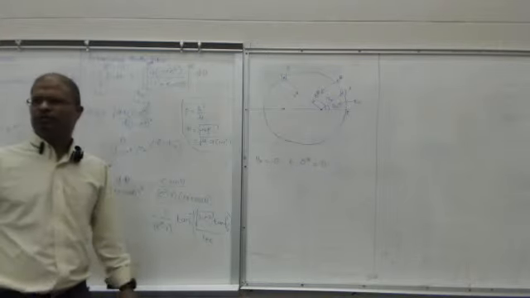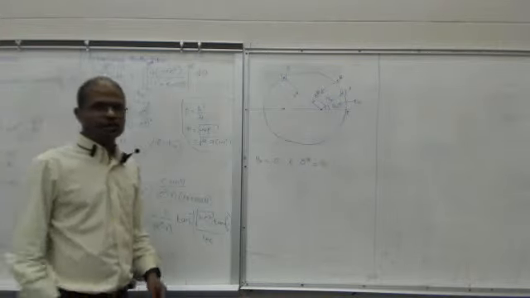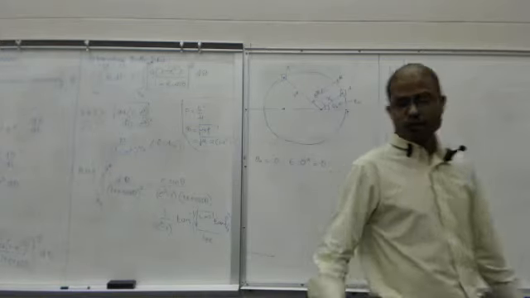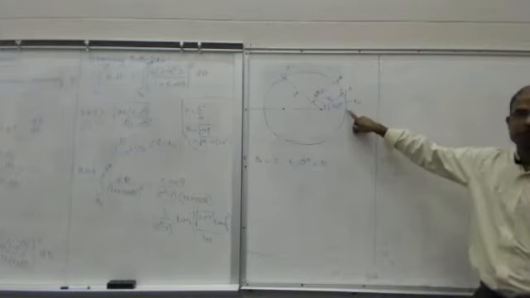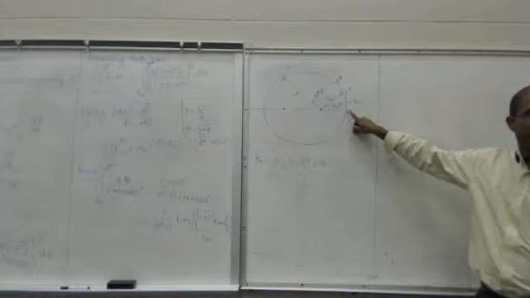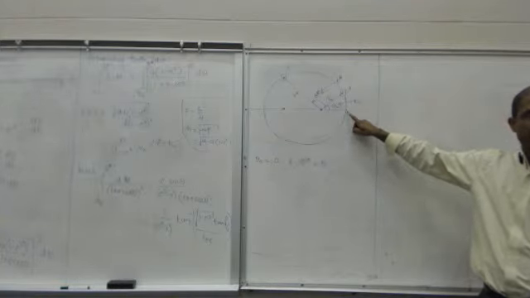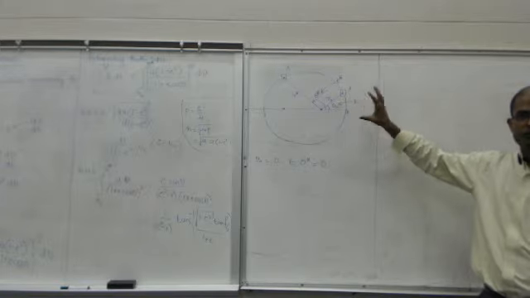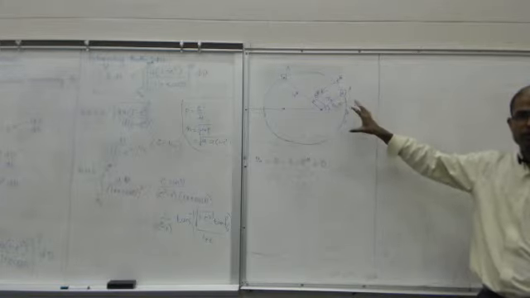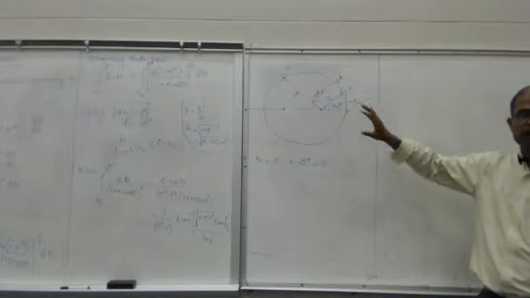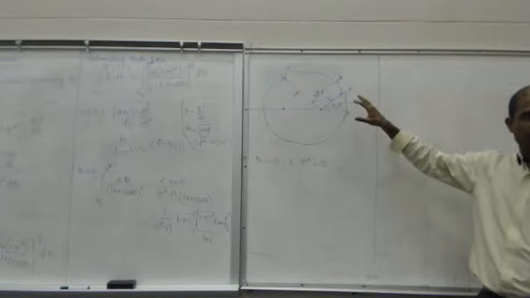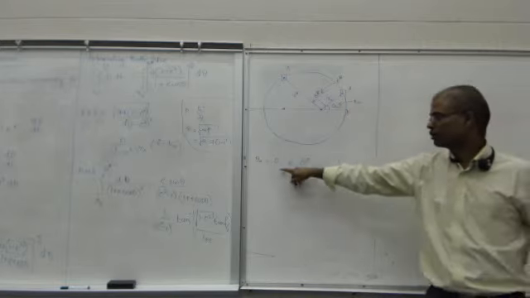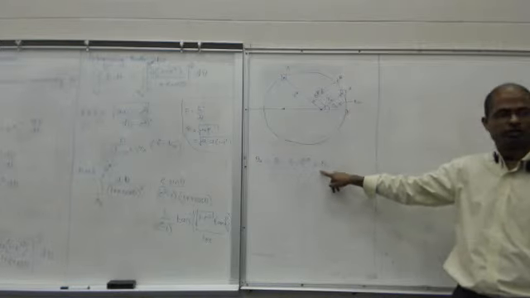See, if your orbiting position is here, if the initial position is here, your theta naught could be 0, right? Wherever the initial position of the orbiting body is, you can assume that is the theta naught. So you can assume that theta naught is equal to 0 and theta star equal to some theta.